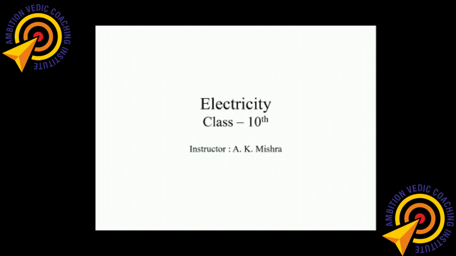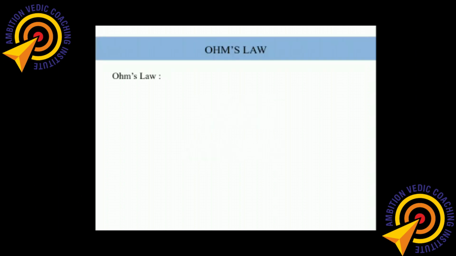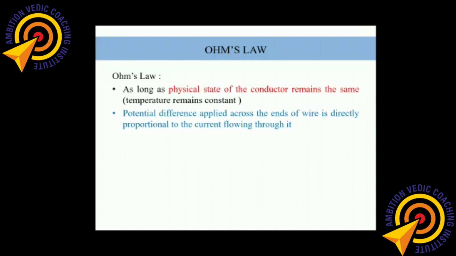So in the previous class we studied Ohm's law, and we have seen that Ohm's law says a potential difference is applied across the ends of a wire. So if we connect a wire across the positive and negative terminals of a cell, a potential difference is produced inside the wire.